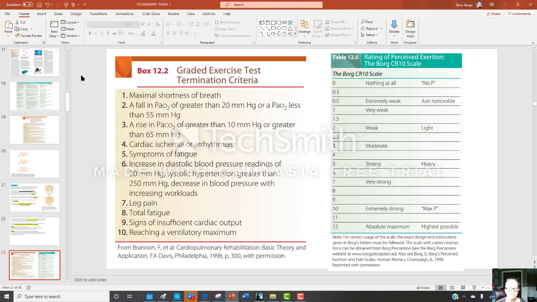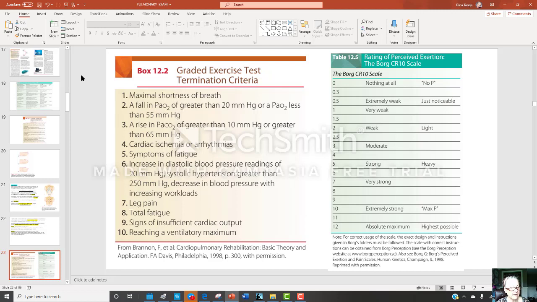Cardiac ischemia or arrhythmias. Symptoms of fatigue. An increase in diastolic blood pressure readings of 20. Systolic hypertension greater than 250. Decrease in blood pressure with increasing workloads.